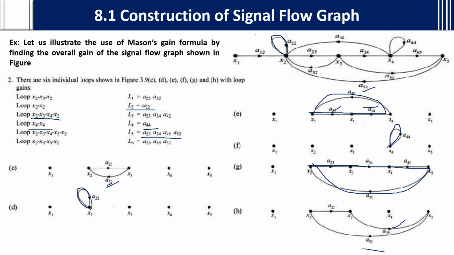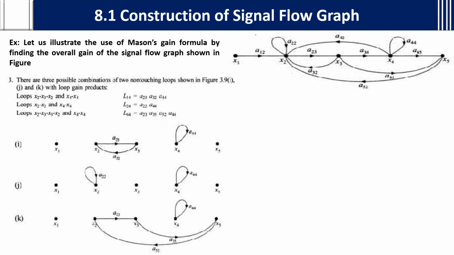Now what we should do is write the possible combinations of two non-touching loops. There are three combinations of two non-touching loops. Which are those two non-touching loops which don't have a common node?